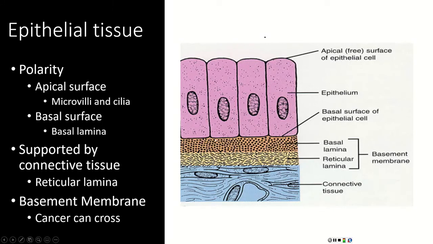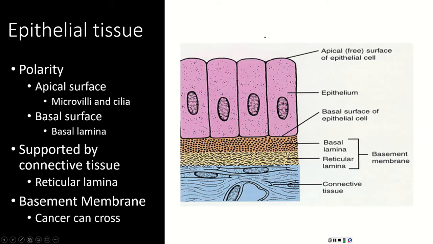Now the basal surface, since that's facing other parts of the body, since this is attached to whatever is deep to it, down here we find some structures that help with anchoring these cells in place. So one thing that we will find is the basal surface will secrete this substance that's kind of like a jelly almost, called the basal lamina.